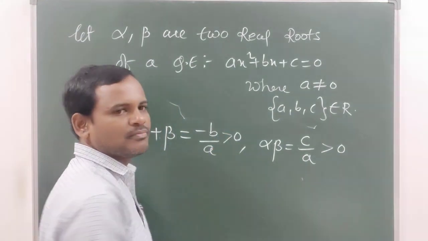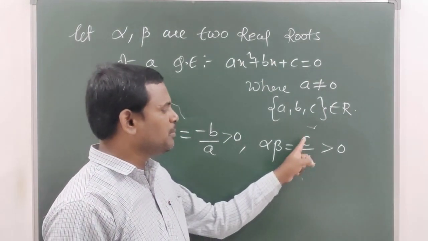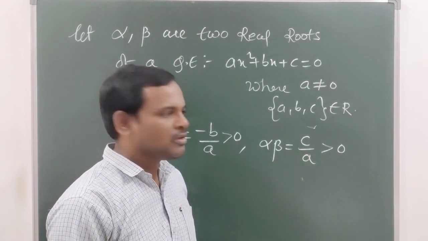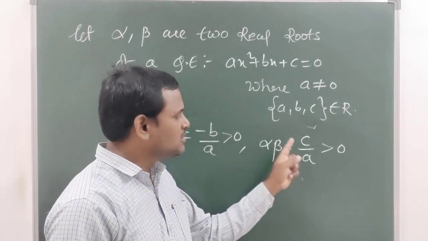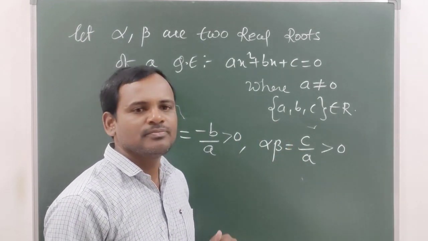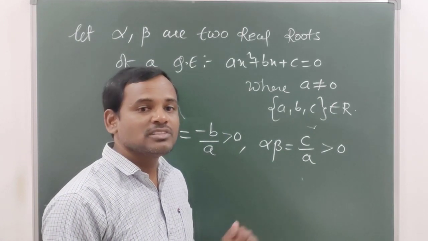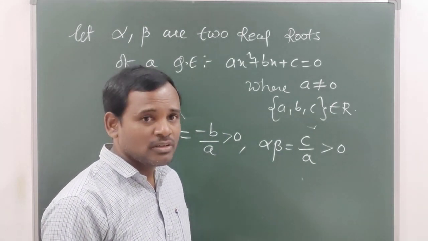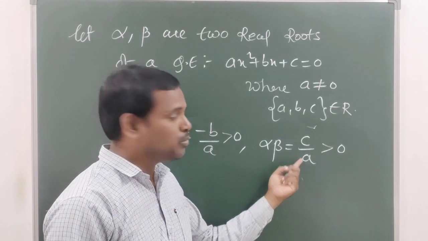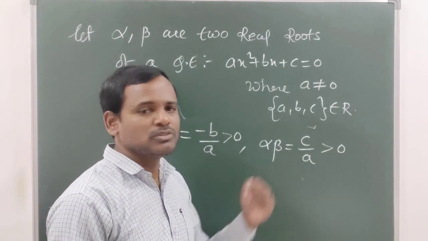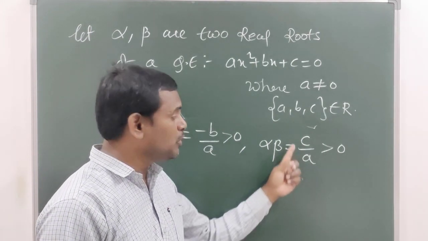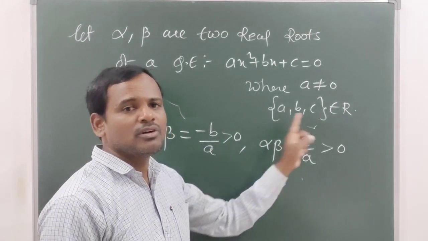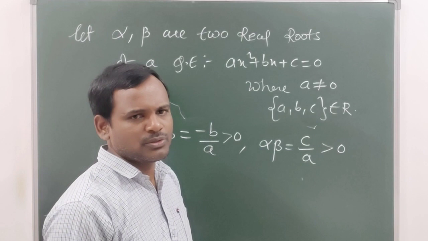Now come here. Here we are getting product positive. When does it happen? Whenever the signs of c and a are the same. Same means both may be positive, positive by positive becomes positive, and both may be negative, negative by negative also becomes positive.